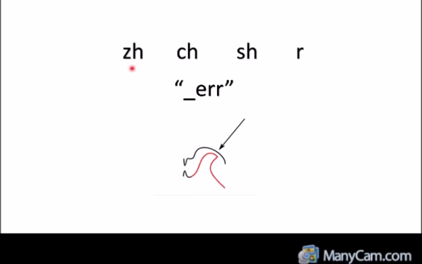So this one here is R, R, R. This one is R, R, R. And this one is R, R, R. And this one is R, R, R.